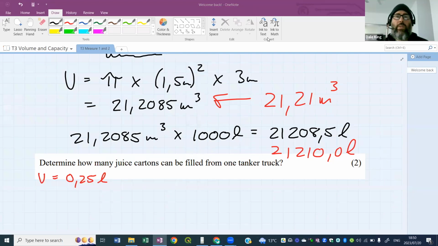All right, good job, Ben. What answer did you get, Ben? Let's put it in chat there for me. 84. We need to check on that, Ben, because the tanker can hold 21,208,5 liters of juice, and our juice cartons each hold 1/4 of a liter.